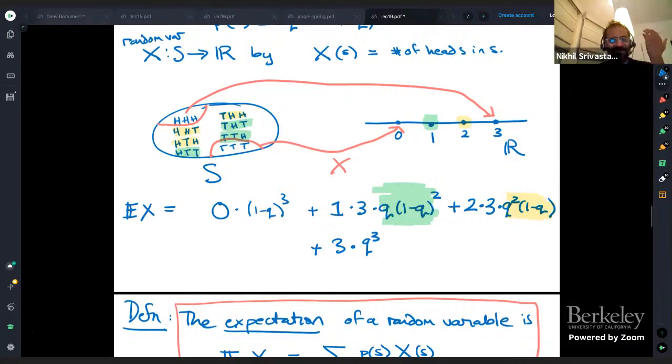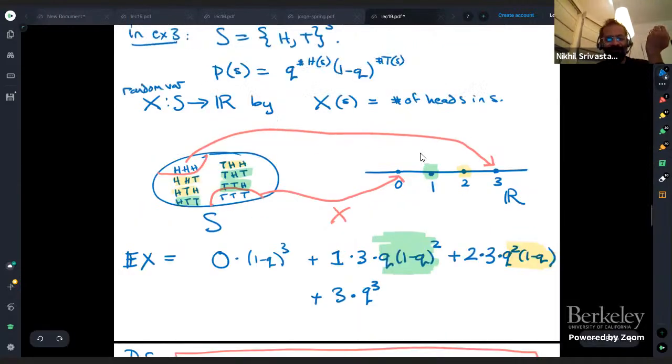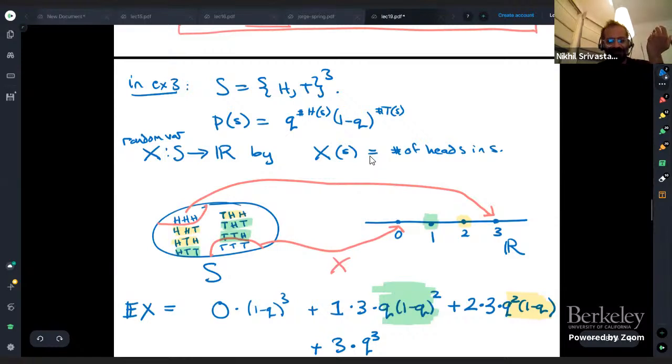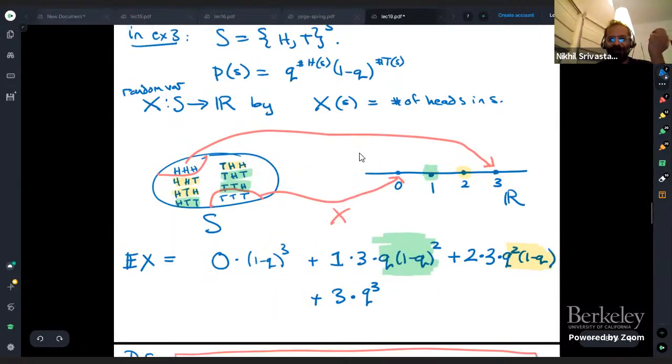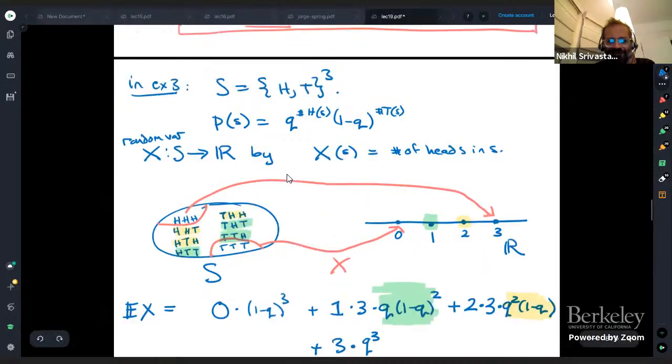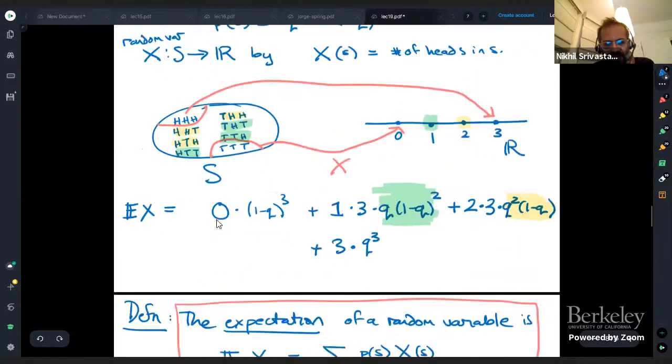Okay, maybe in the numerical example I should have set Q to be equal to something. So I don't know, should we just do that? Let's just do that. You know what? Do I really want to do all this arithmetic? Fine, let's do it. So let's set Q equal to 1/3. And then the algebra is good because it kind of shows you how the terms are grouped.